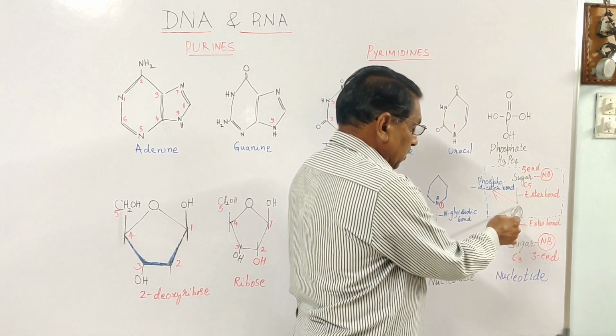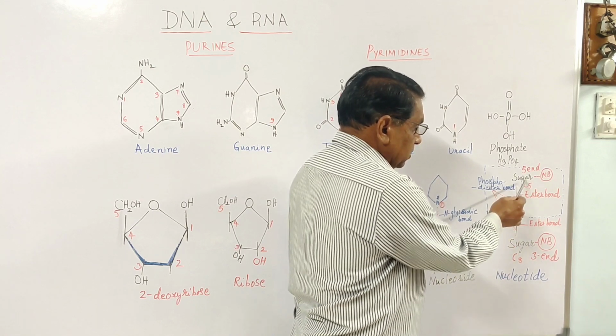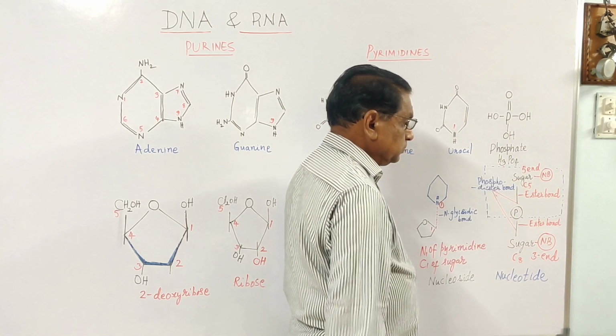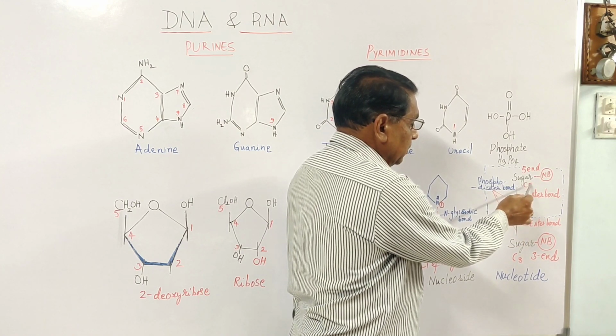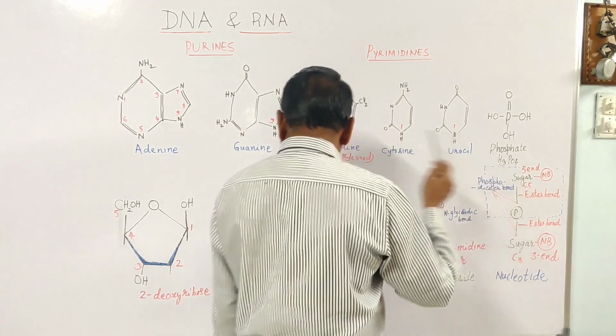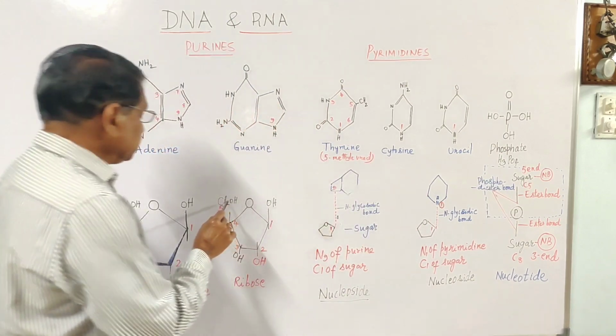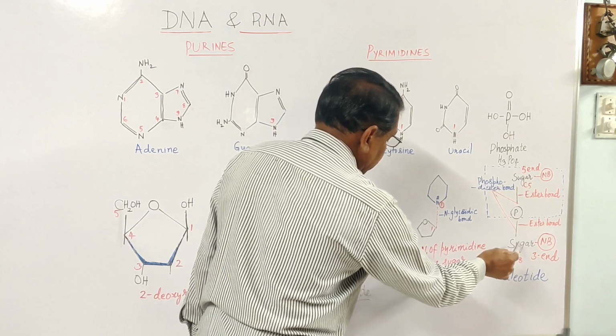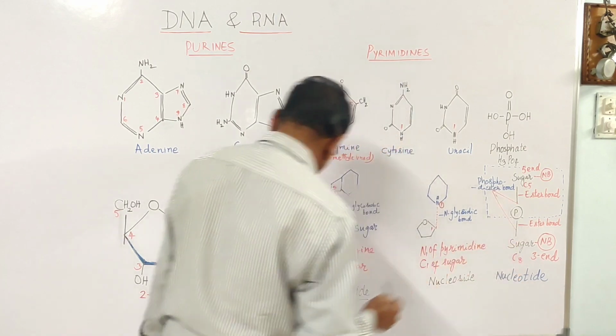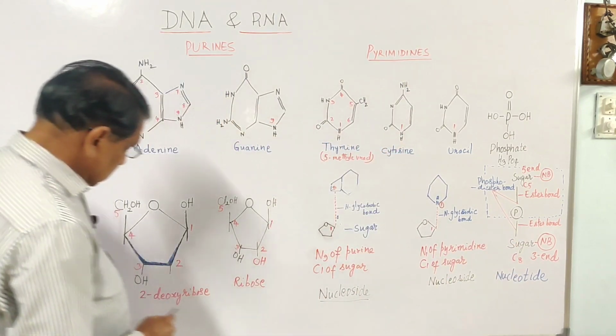Now suppose this is a sugar. This phosphate is linked to the sugar with C5, this. But this phosphate is linked to this sugar with C3, this.